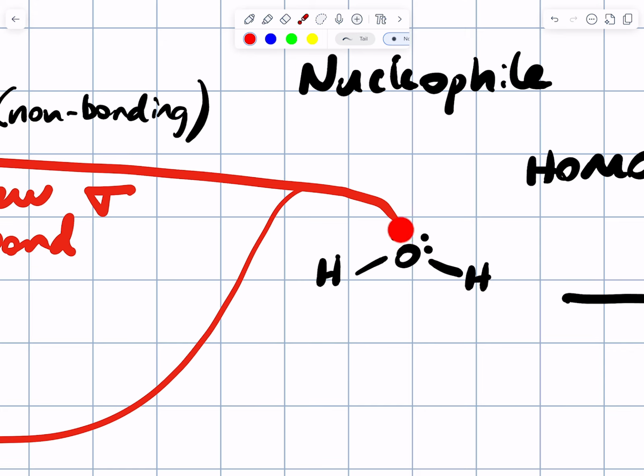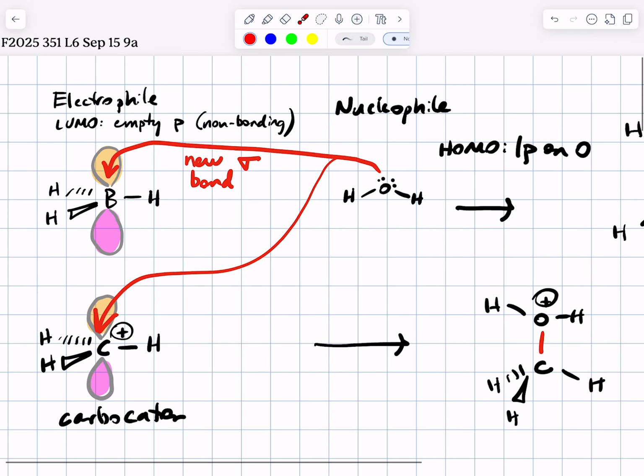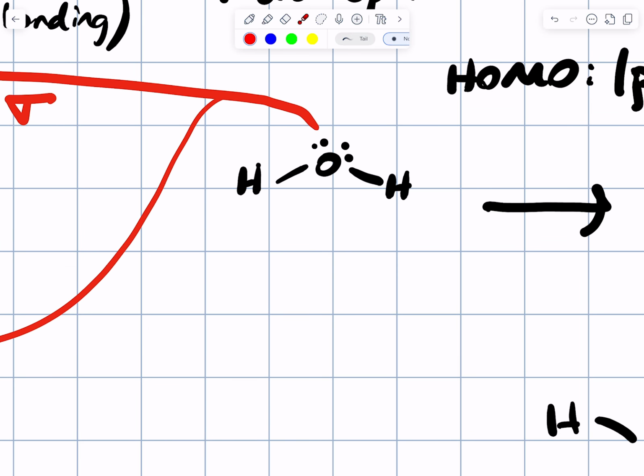Not really. If you want to draw it, you sort of do, because you need to draw something reasonable. If you draw an sp3 hybridized orbital, that's reasonable. I'll tell you, though, that actually organic chemists don't worry about lone pair hybridization very much. There's some cases where we do, but for the most part, we don't worry about it.